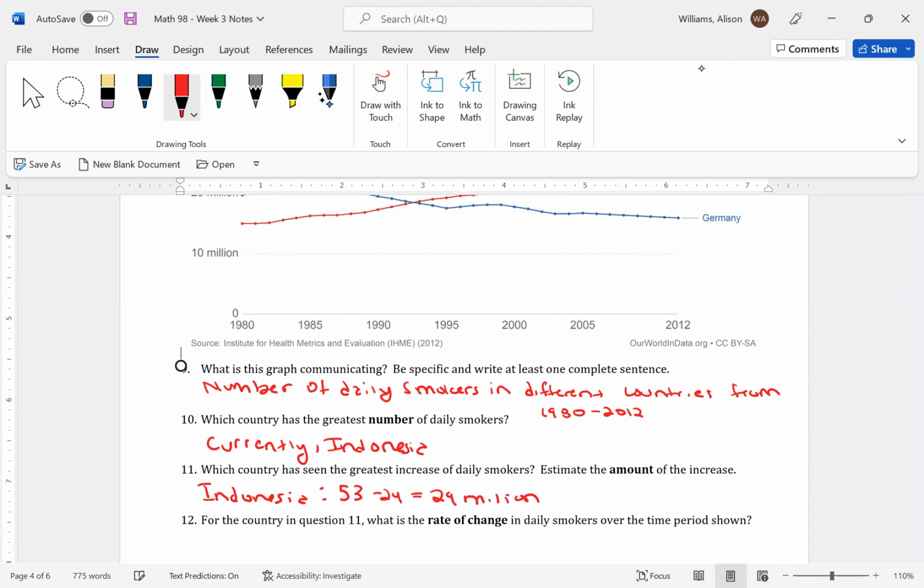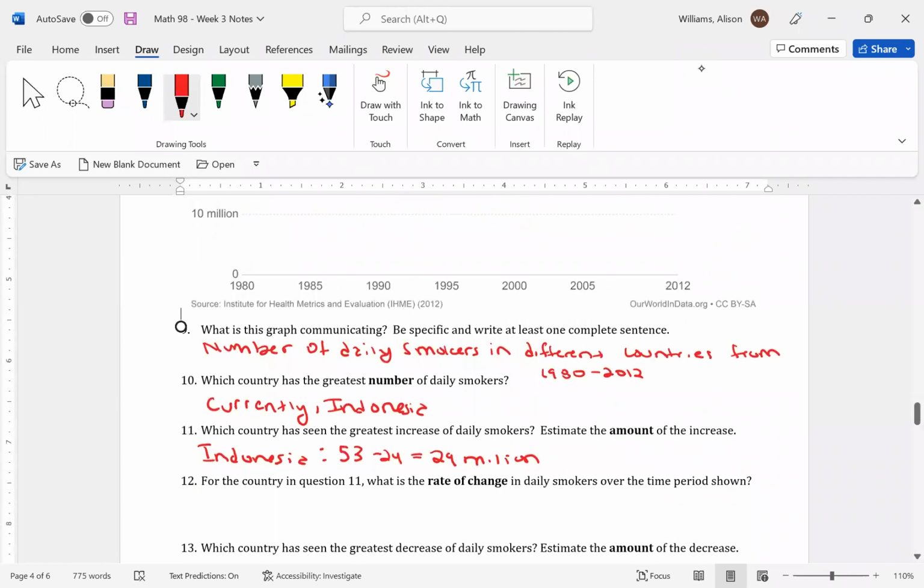And then what is the rate of change over that time period? So I went from 1980 all the way to 2012. So that 32-year period. So I'm going to take 29 over 32. And I get an increase of 0.90625. Okay, so what that represents is millions.